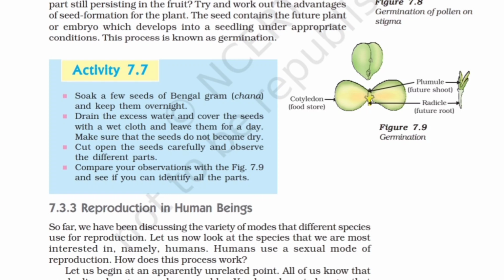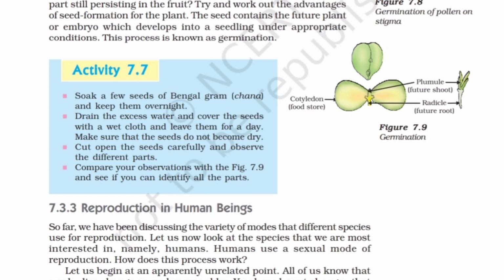The male germ cell produced by pollen grain fuses with the female gamete present in the ovule. This fusion of the germ cells, or fertilization, gives us the zygote, which is capable of growing into a new plant. Thus the pollen needs to be transferred from the stamen to the stigma. If this transfer of pollen occurs in the same flower, it is referred to as self-pollination.